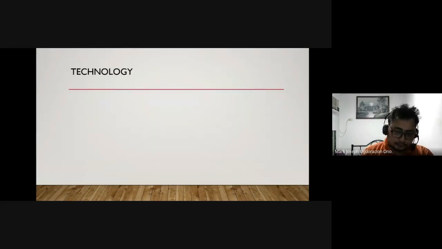So this is a definition of technology in the context of science. Later on, we will define technology in the context of education. It matters, there's a difference between defining technology in the context of science and in the context of education. Technology refers to all the ways people use their inventions and discoveries to satisfy their needs and desires.